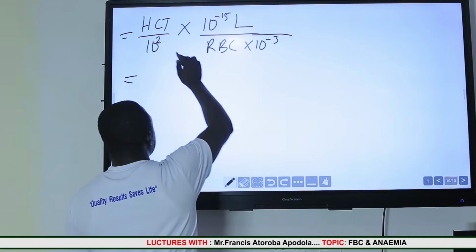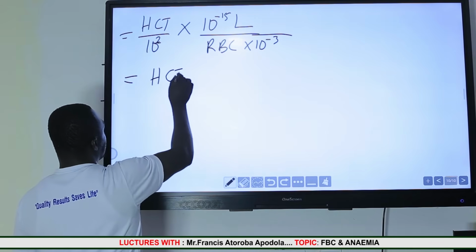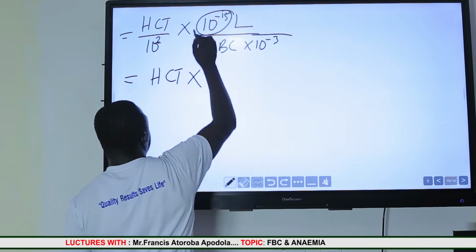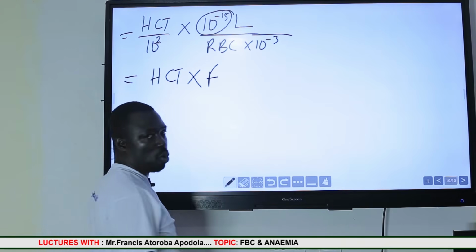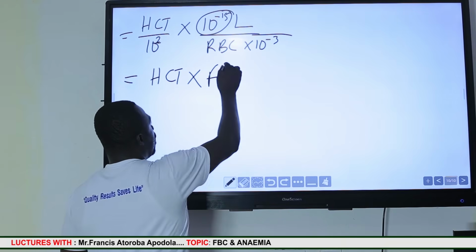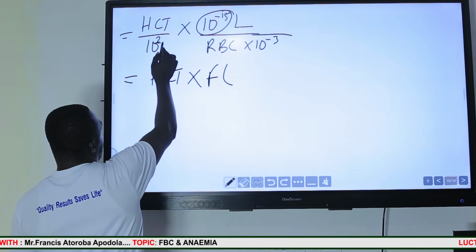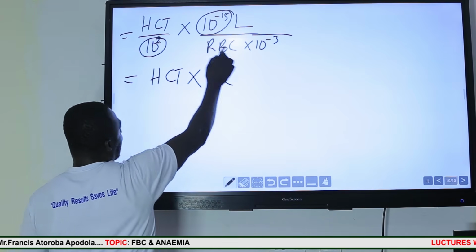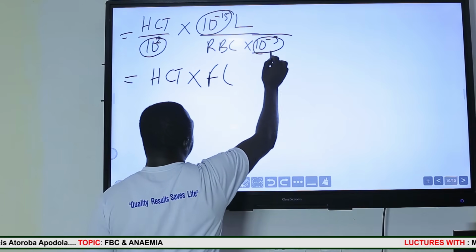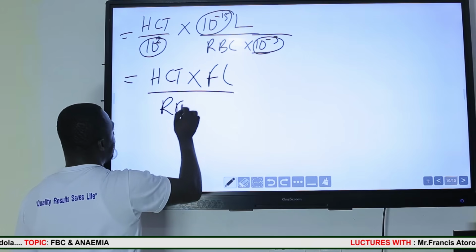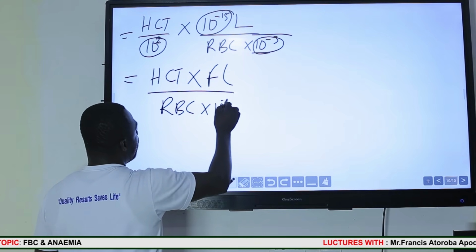So now, this will give me hematocrit times 10 to the power minus 15, which is now called femto. Then this 10 to the power 2 and 10 to the power negative 3, when they meet, it is going to be RBC times 10 to the power minus 1.